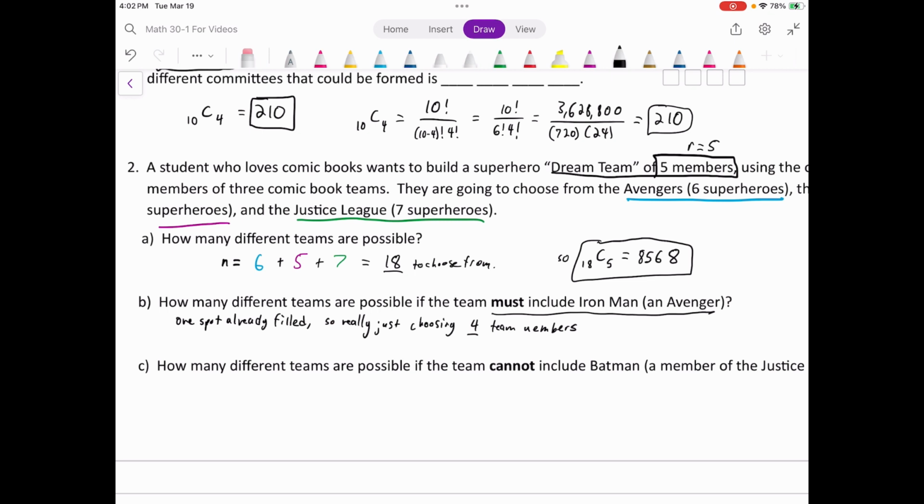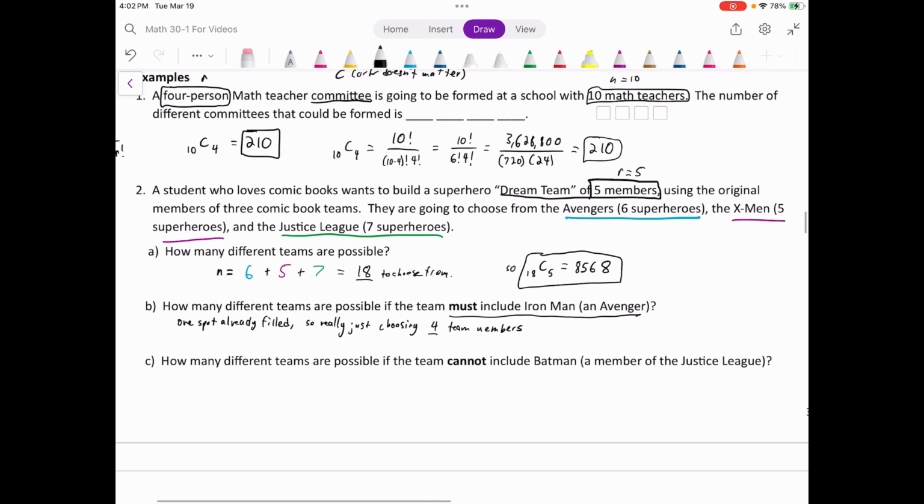No. We actually only have 17 to choose from because Iron Man's already been chosen. So there are 17 superheroes to choose from who aren't Iron Man, and that's what's left for us to work with. So we're choosing 4 team members from 17 options. Iron Man's already chosen.